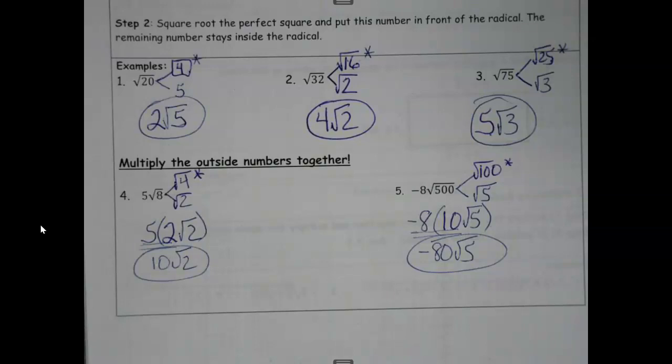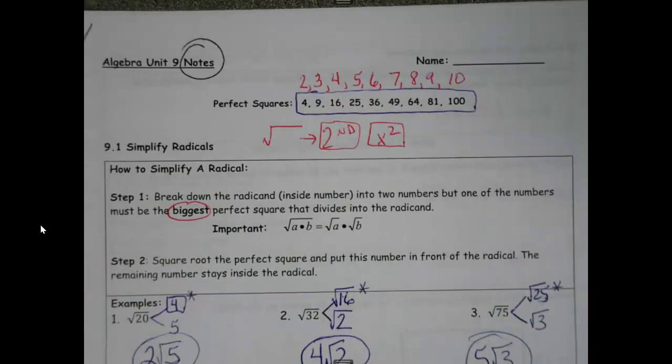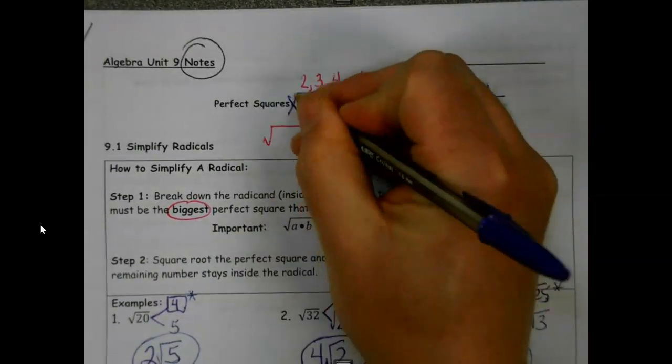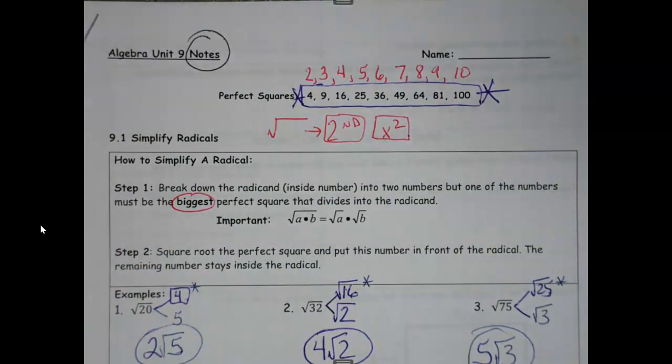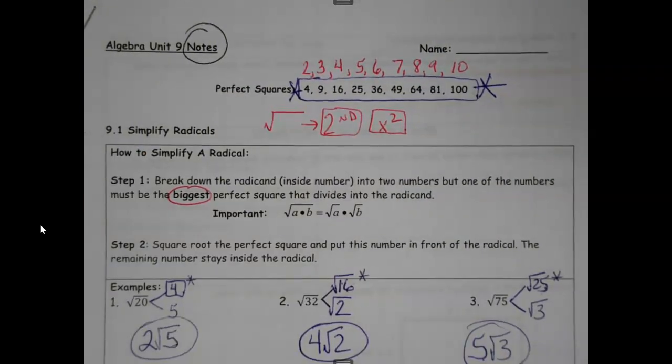So, as we're doing these, that's going to be your biggest thing. Reminding yourself one of the numbers that you're using to break down this radical has to be, no option, has to be in the purple box or whatever box you're using there, okay? I just like to use purple because purple and perfect squares start with P.